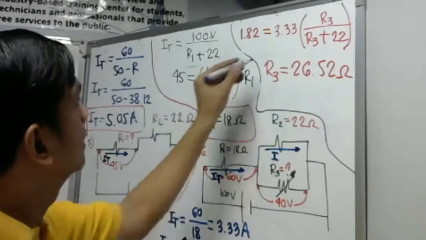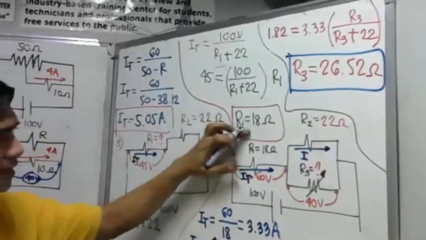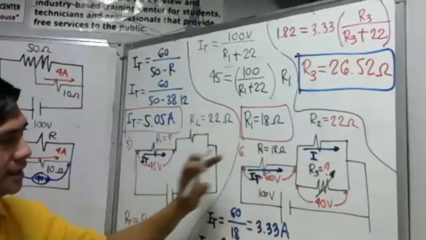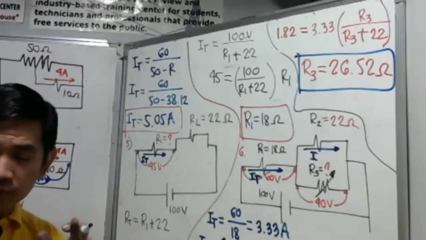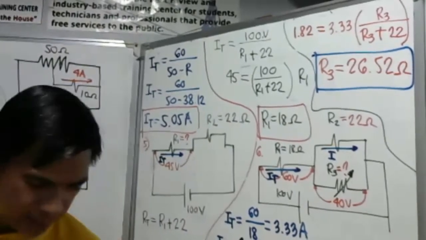Okay? You can see here that I use the calculated value before, the 18 ohm resistance, to prove to you that 18 ohm is correct. Okay, what is the letter of our answer?